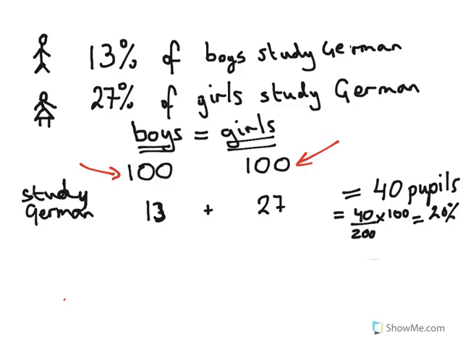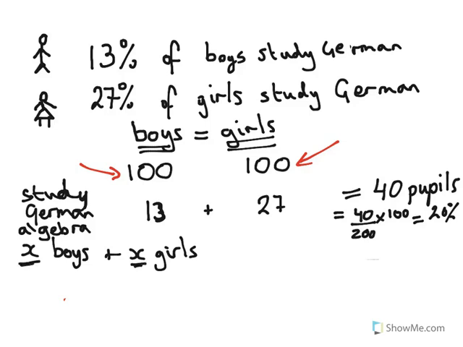We could actually do it by saying that the number of boys we have is x. Here we're trying to show how to solve this type of question using algebra. We know that the number of boys and the number of girls is the same, so let's call the number of boys x and we'll call the number of girls y, because there's the same number.